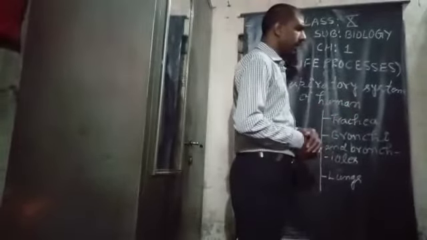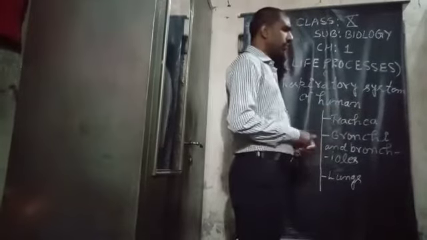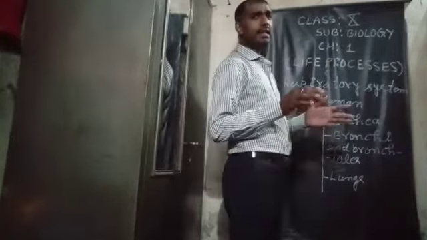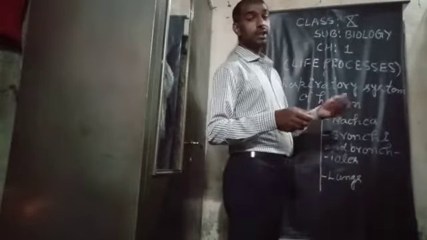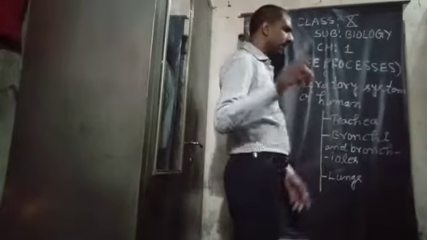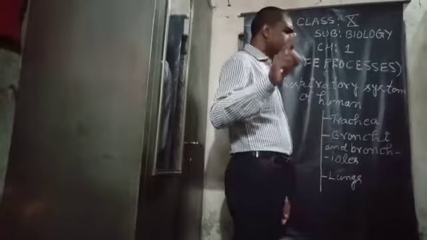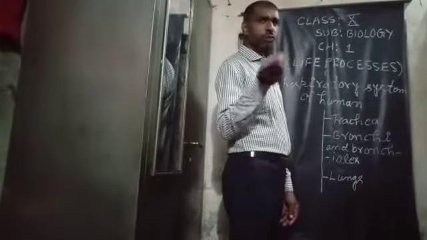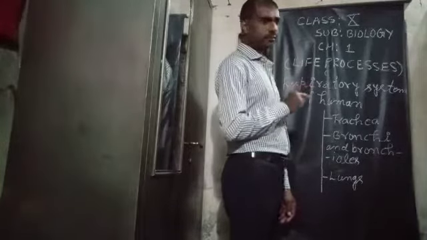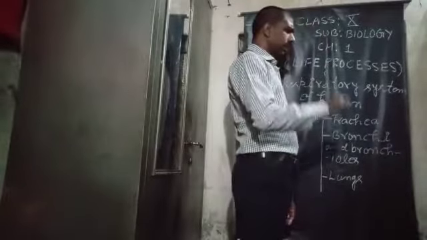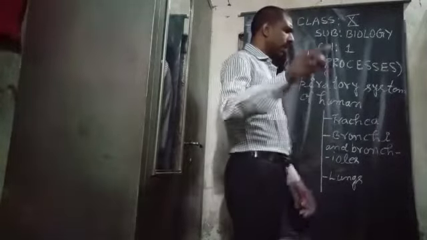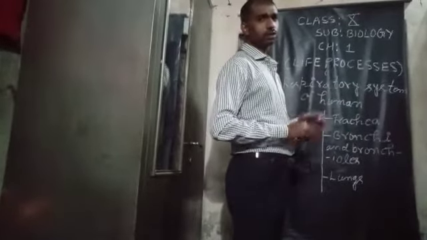Now, suppose there would have been no hemoglobin in RBCs. It would have been difficult to transport oxygen from the lungs to all the body parts.